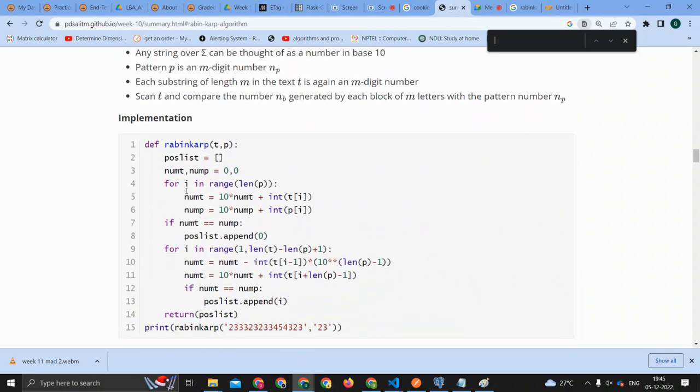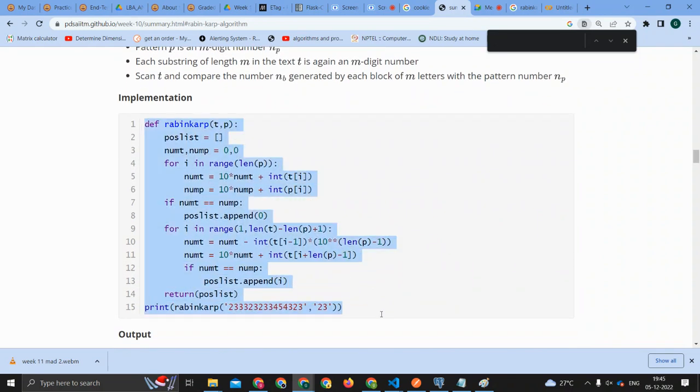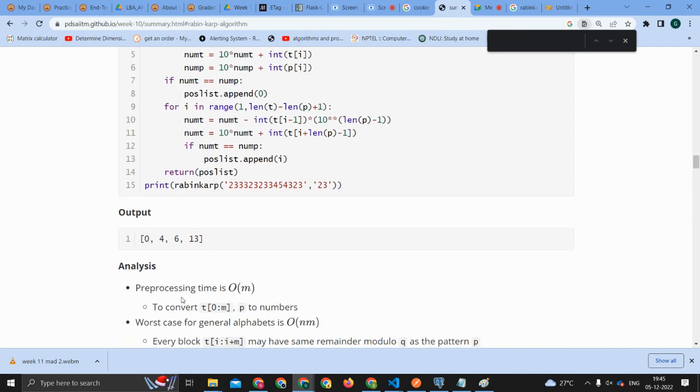Uma, what is the complexity for this? It looks like only one for loop, right? Yeah, it is correct.